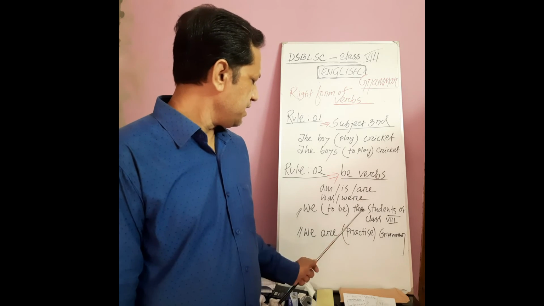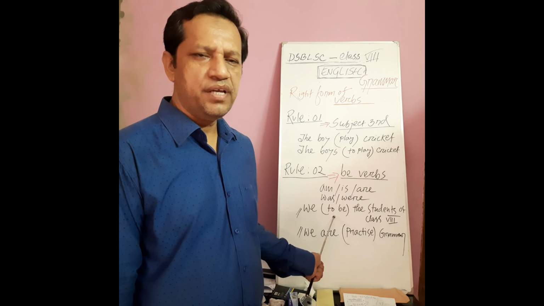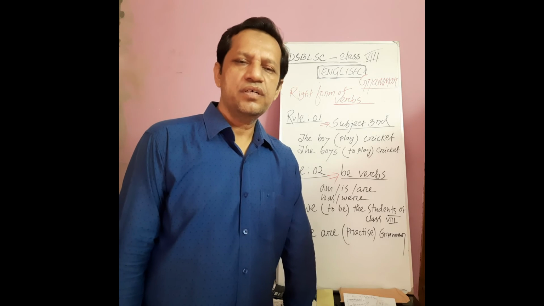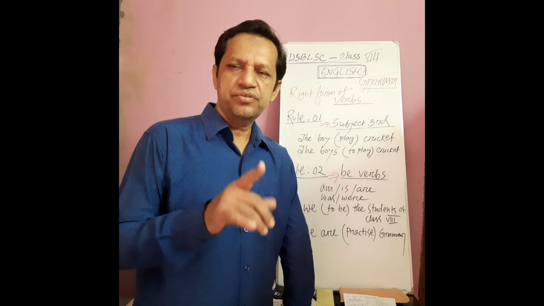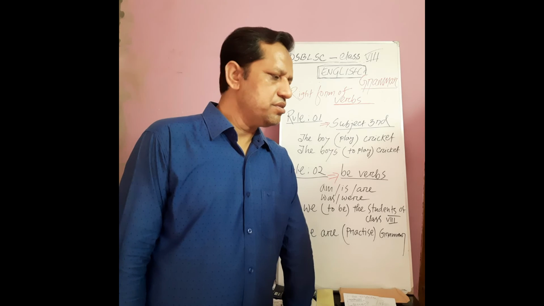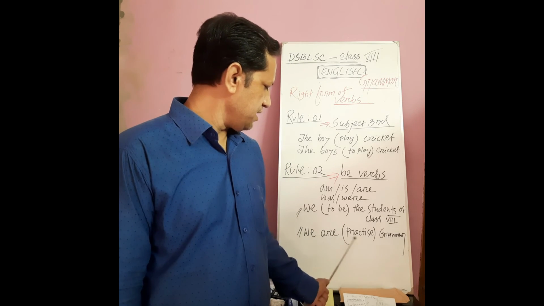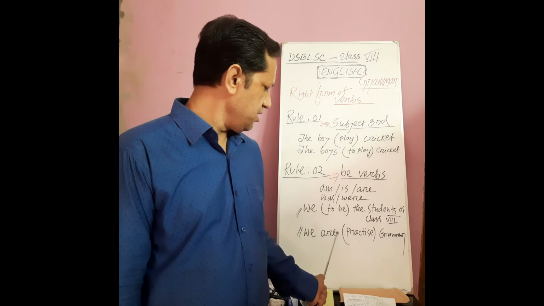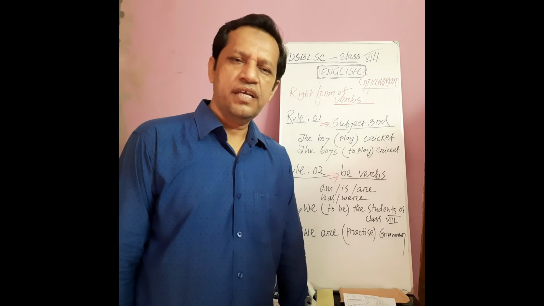That's why here be or to be will be used as a main verb. So it is very clear to us all that be verbs can be used as a main verb, and be verbs can be used as an auxiliary verb. The easy way to find out is that if there is another verb after be verb, then be verb has been used as an auxiliary verb or helping verb.